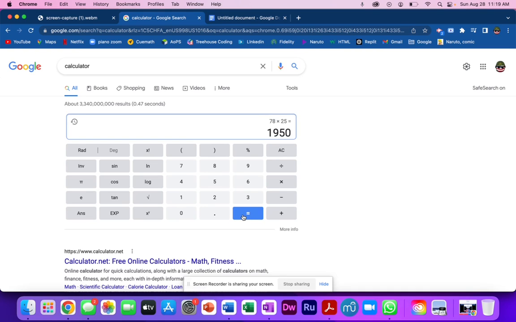Equals to, oh, sorry. 58 times 25. 1450. Took me some time to calculate. Anyways, if you keep practicing, you'll get better.